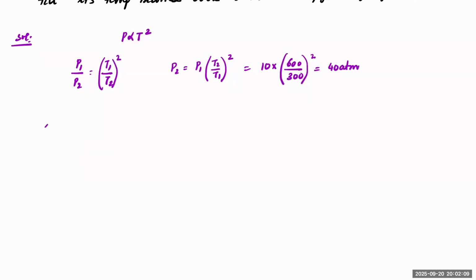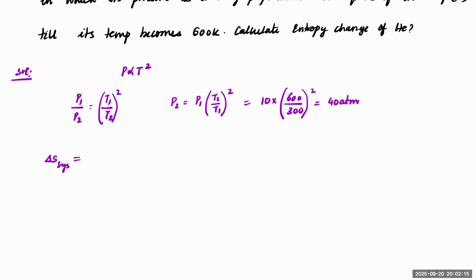Let me remind you what is the formula for delta S of a system. It will be equal to nCv ln T2 by T1 plus nR ln V2 by V1. This is the formula which we know. Now here the temperature is also changing, volume, pressure, all of them are changing.